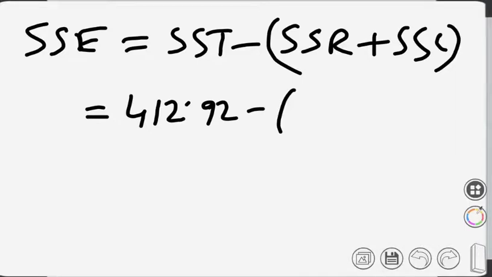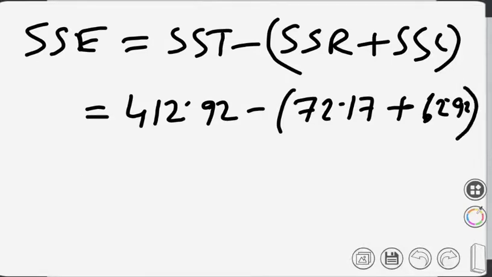How much did you get? SSR is 72.17. And SSC, how much did you get? 62.92.